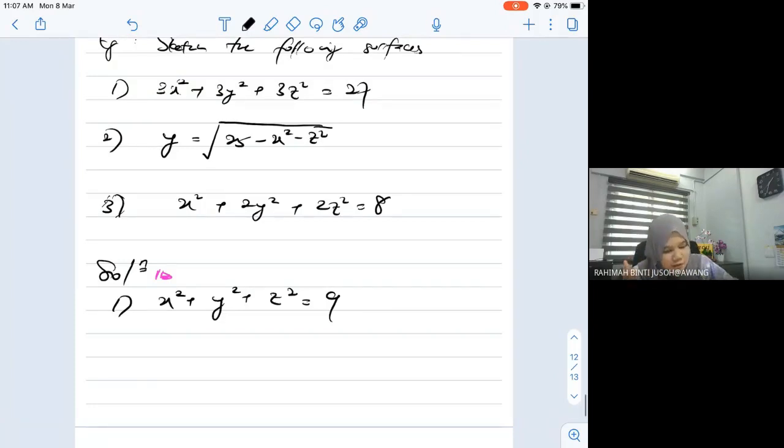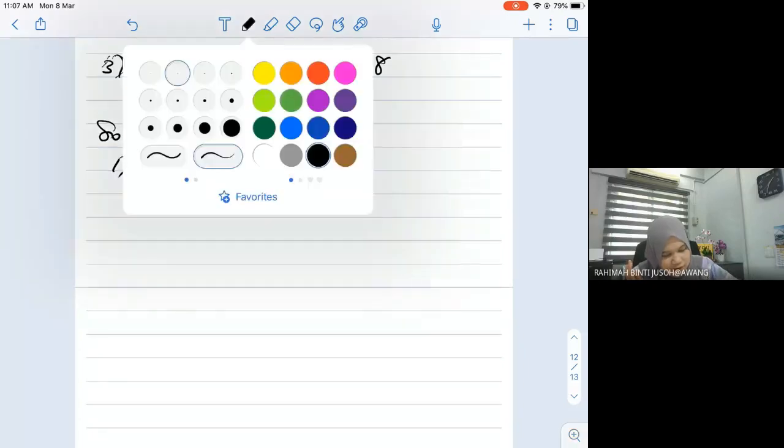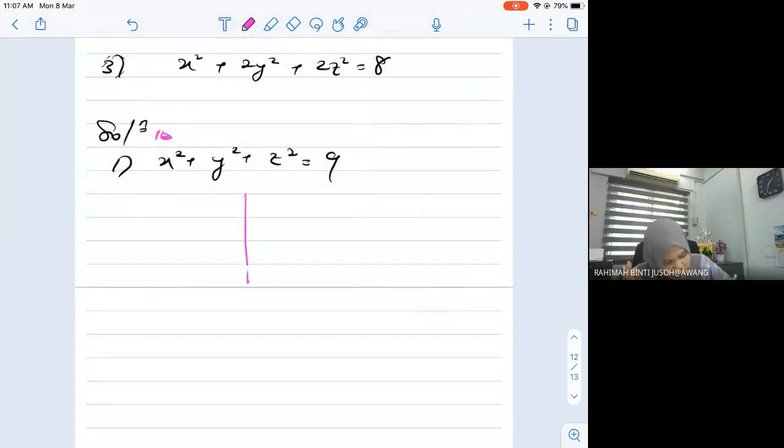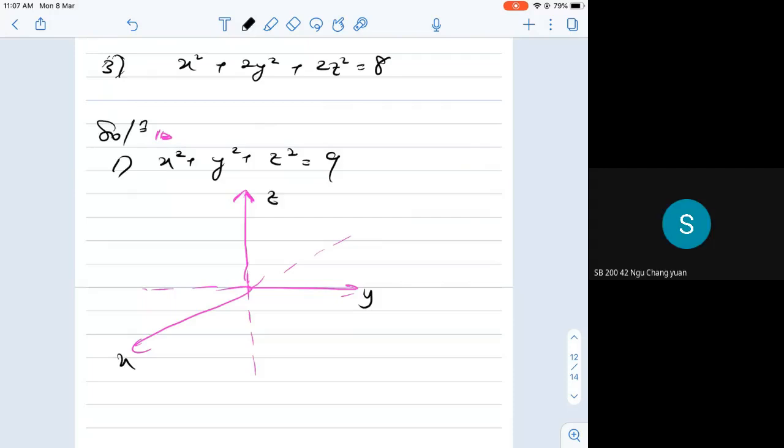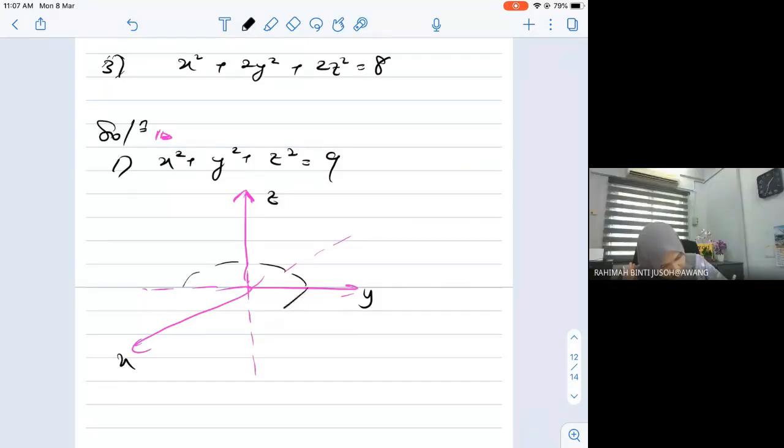Okay. So now, ni paling simple lah sphere ni. So we can just sketch the sphere. What's the radius, guys? 3. Yes, very good. The radius is 3.